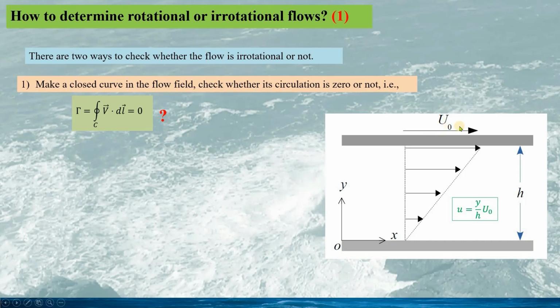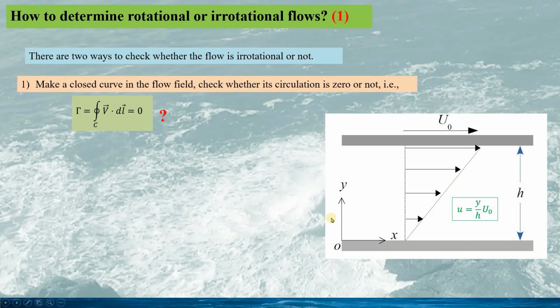Suppose the speed u0 is small, thus the flow between these two plates would be laminar, and an analytic solution can be found, given by this formula. The fluid velocity is proportional to y.